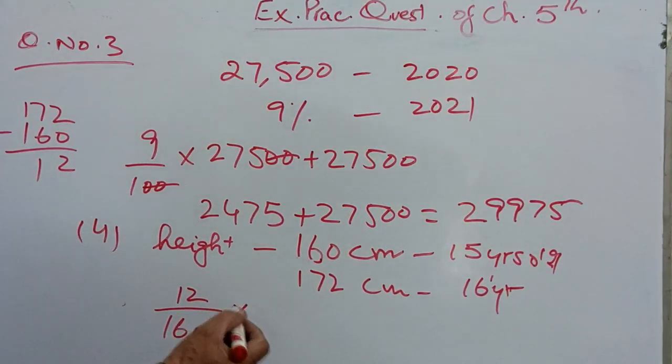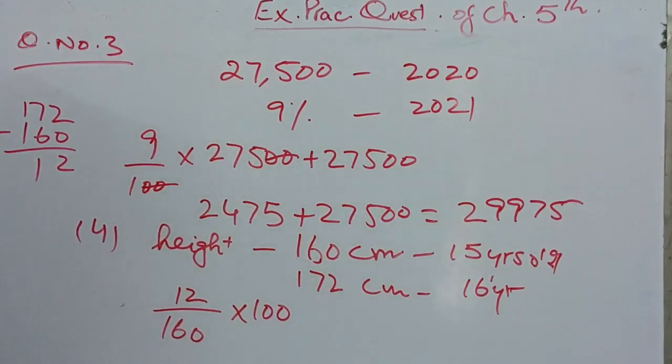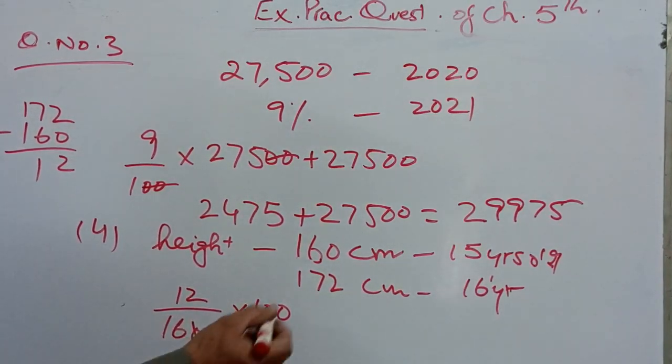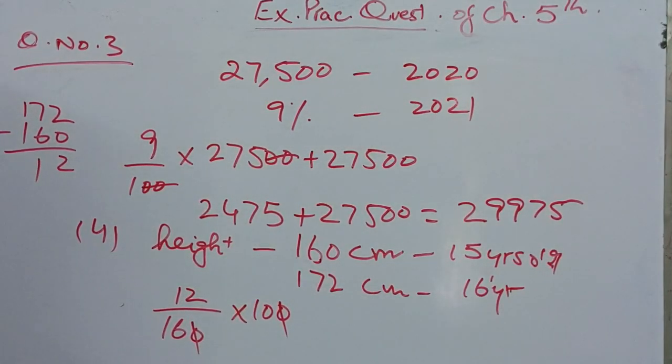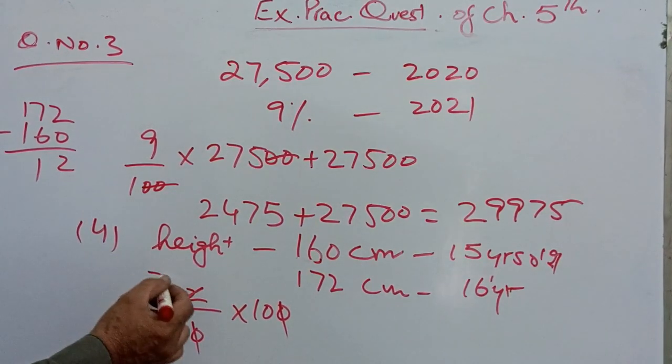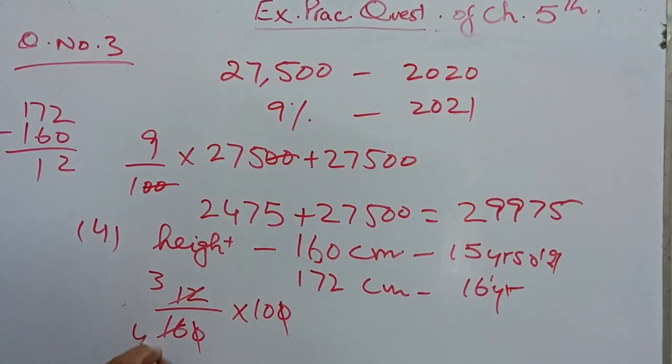Now, if I multiply it with 100, I'll find the percentage increase. So it will become this, 4 3 times and 4 40 times, 16.